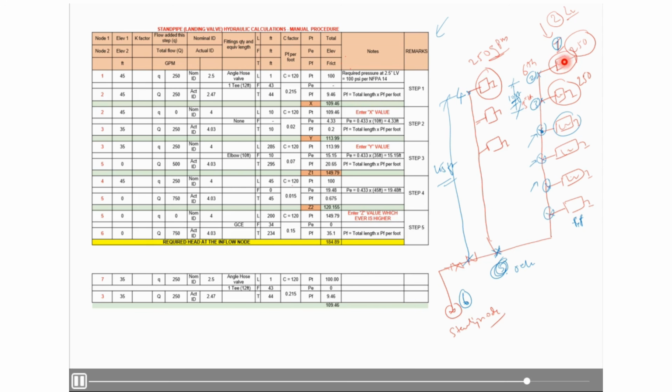So in other words, in order to reach our water to this particular point with 100 psi pressure, we need to have 185 psi at the starting node.